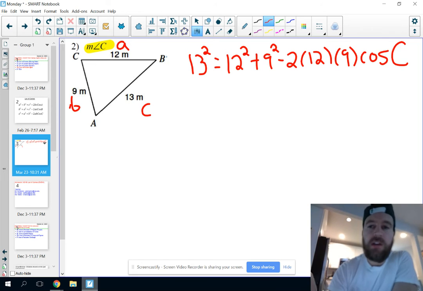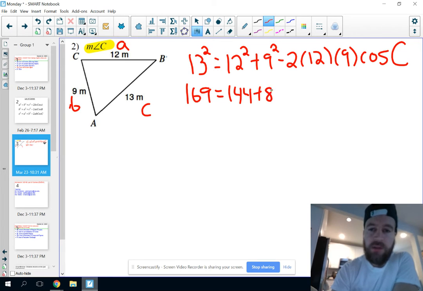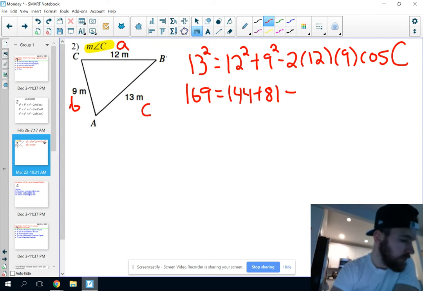So first thing you want to do is we're trying to get this big C over here by itself. So what we're going to do first is just kind of simplify some of our values throughout this equation. So first thing we can do is 13 squared is 169, 12 squared is 144, 9 squared is 81, minus, we can multiply 2 times 12 times 9.